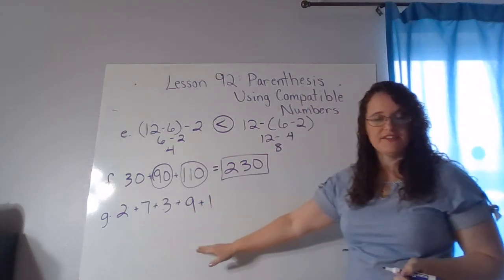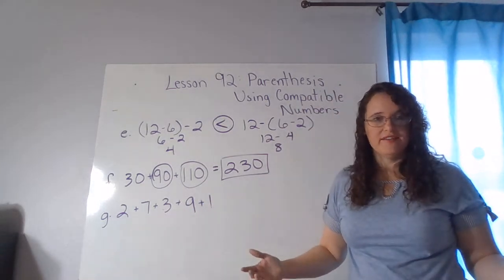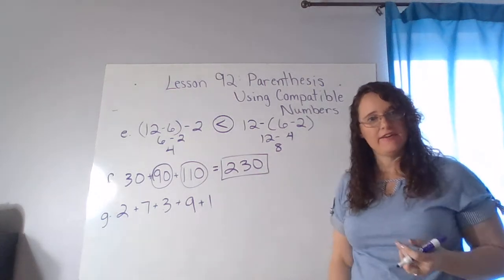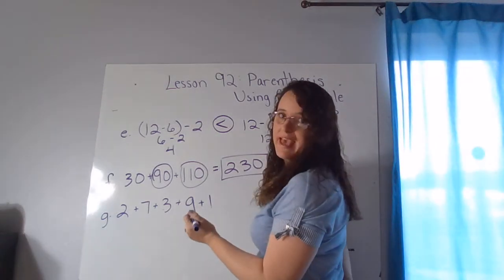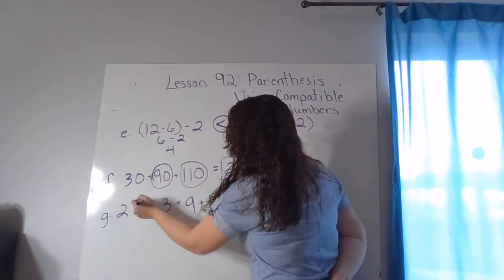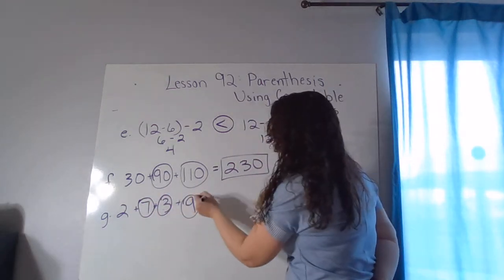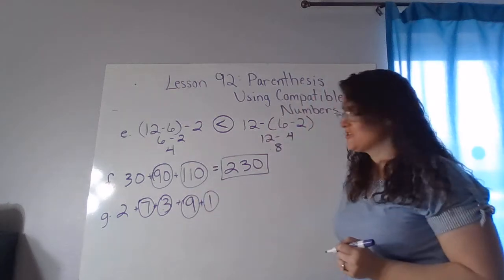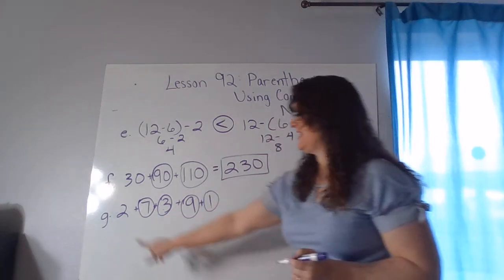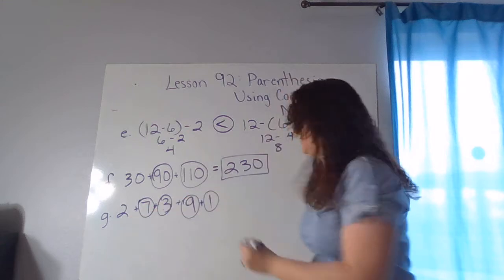Here, these are tiny little numbers. We've been doing this for a while. Make tens. How can I make tens? With compatible numbers. So 7 and 3 makes a 10. 9 and 1 makes a 10. So I have 10, 20, 22.